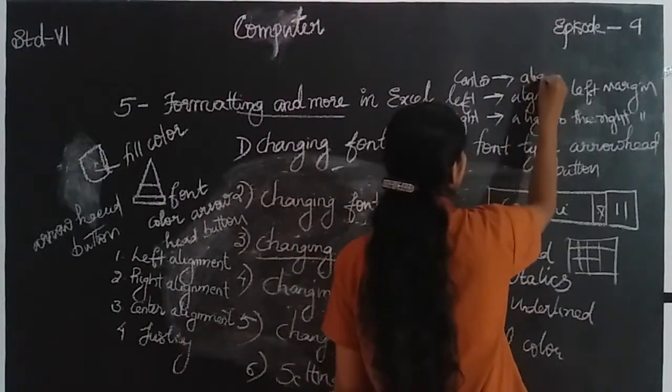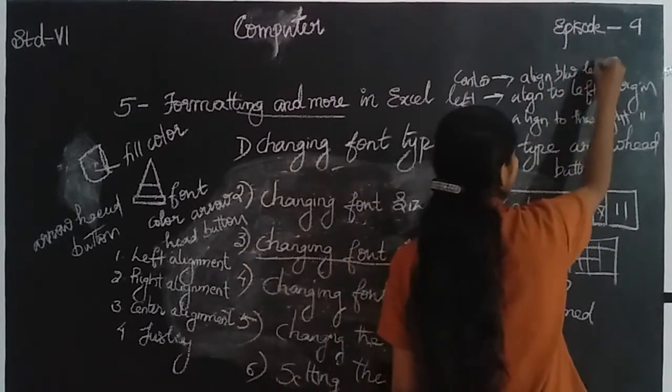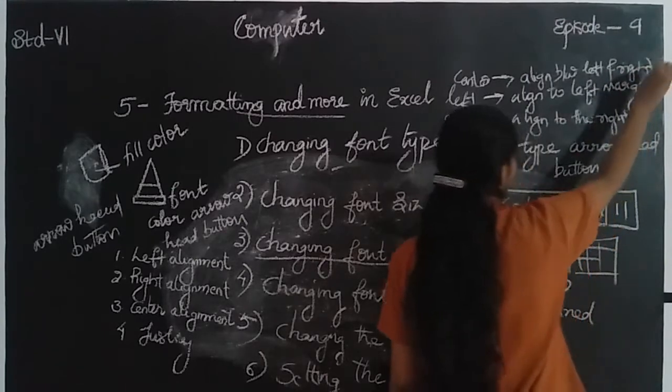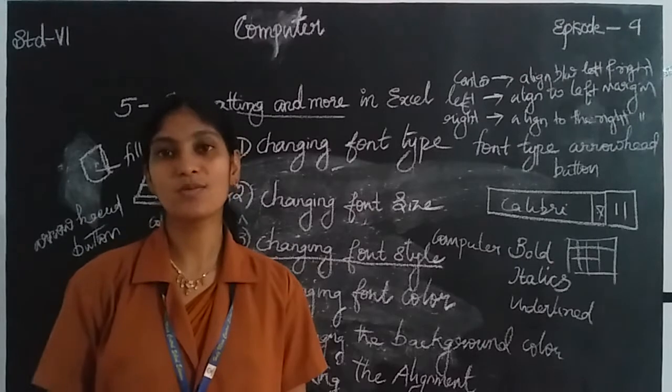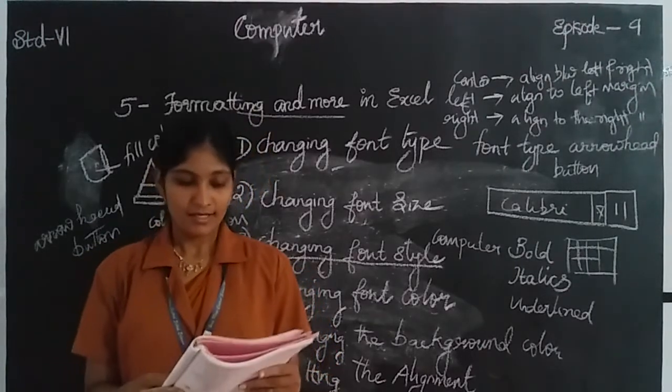Aligned between left and the right. Then justify means align the left margin as well as right margin. So these are the 4 alignments.